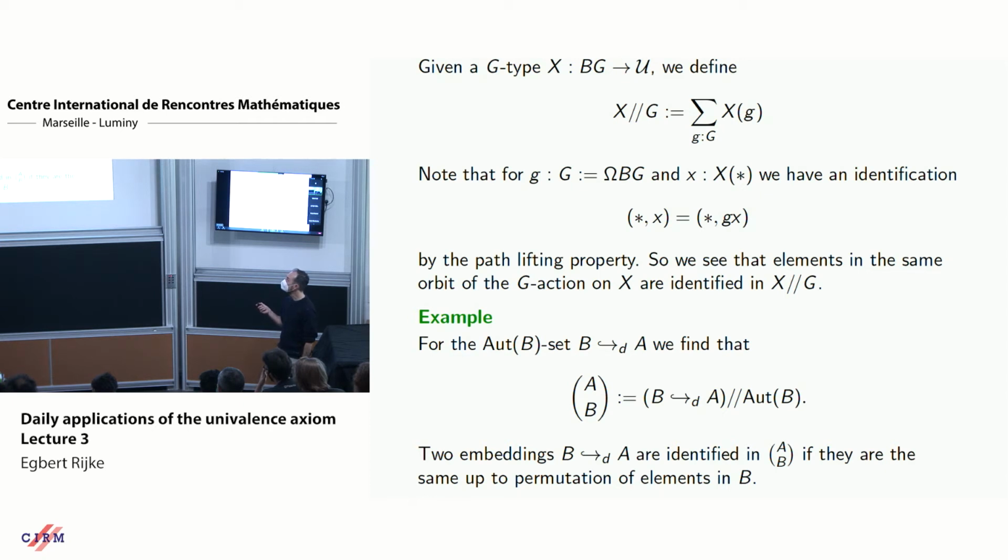Now, if we have a G-type, then we can look at the type of its orbits. And the type of its orbits is just defined as the sigma type. It's again something really, really simple. And why does that work?